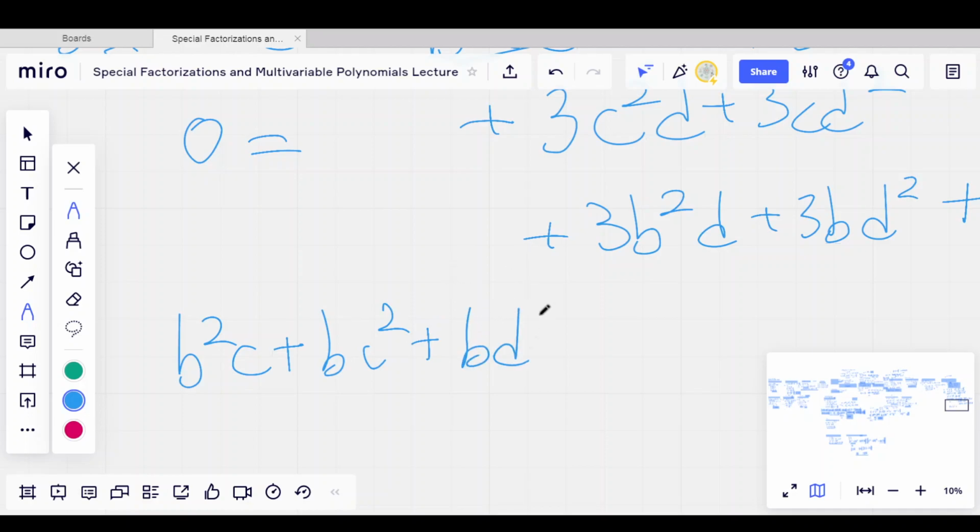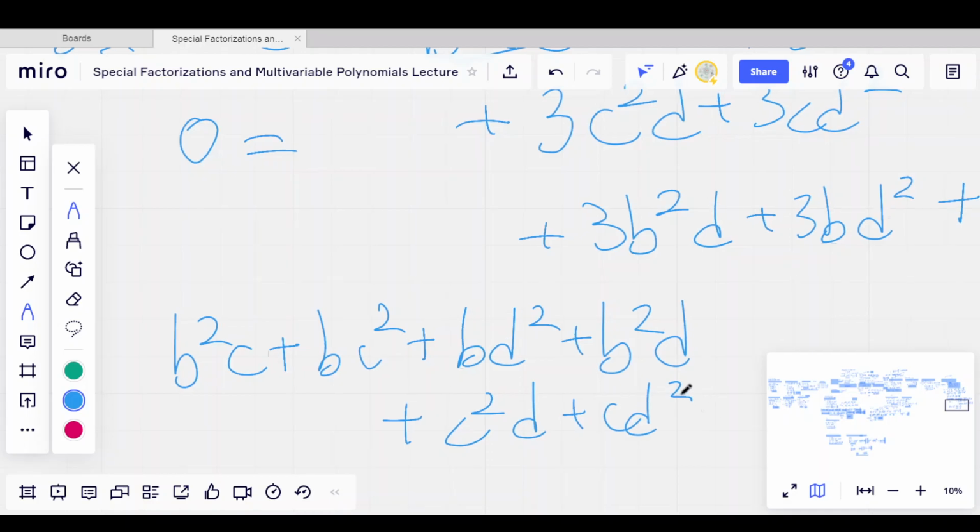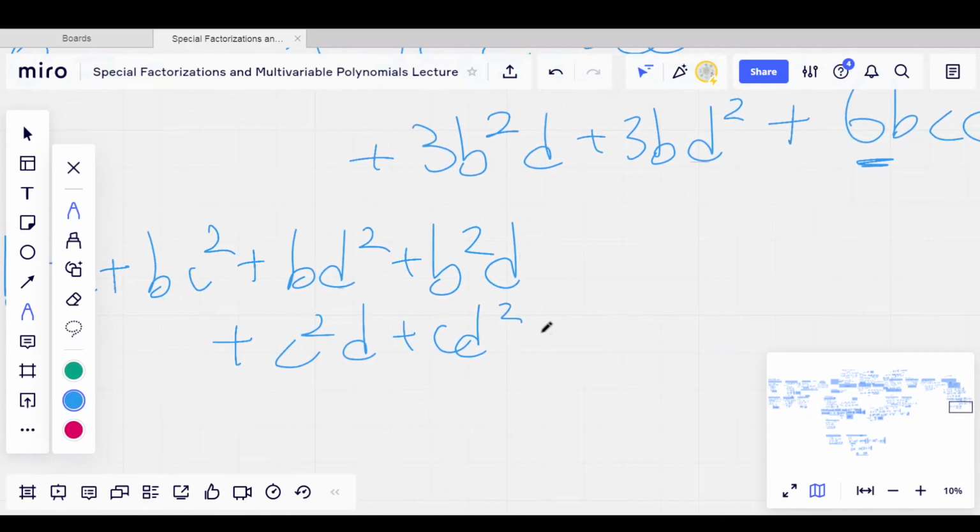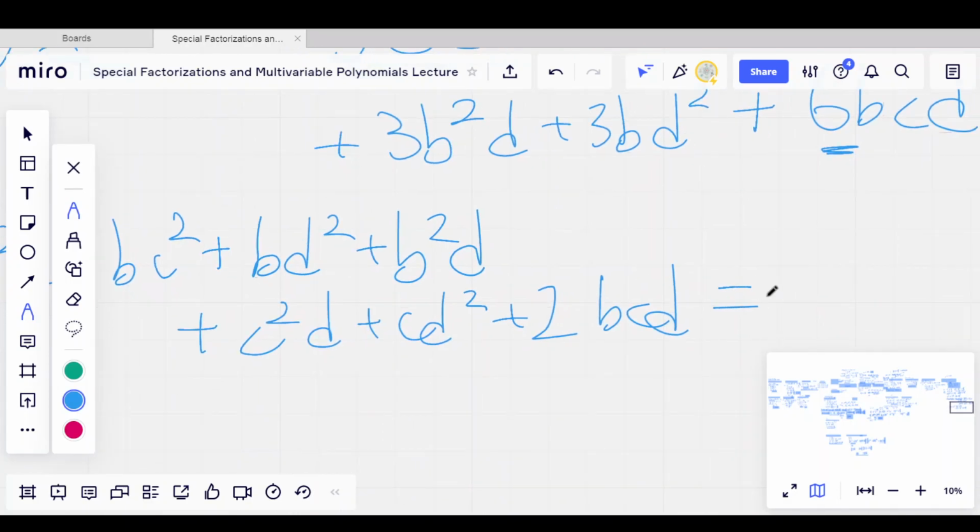I guess like that, and then like that. And then we have a 2bcd. I know this form is really familiar to some of you.